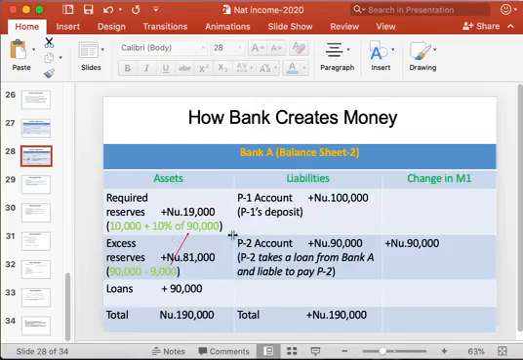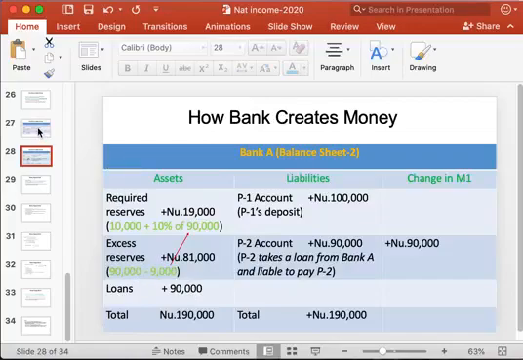So when this changes, then the amount of loan that the bank can provide changes.